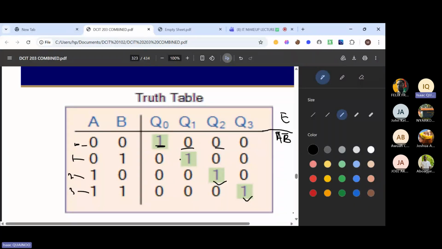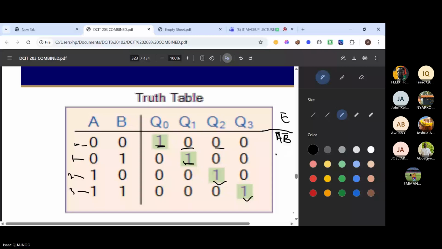When Q1 is high, it corresponds to A 0 and B 1, which is A prime or A bar, and then B. And when Q2 is high, it corresponds to 1, 0, which is A, B bar.